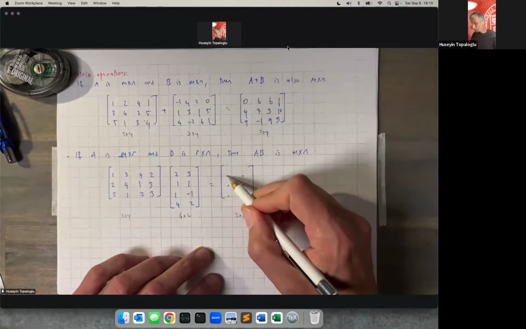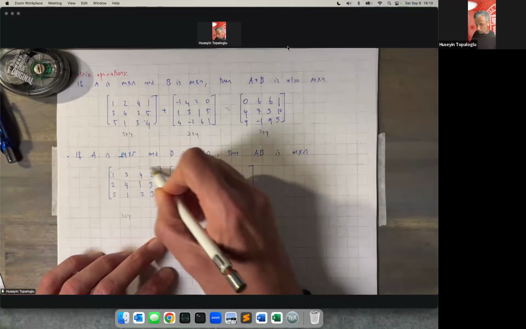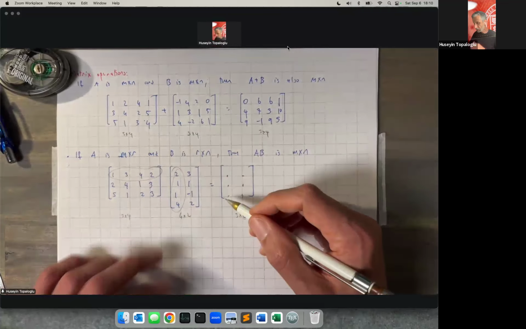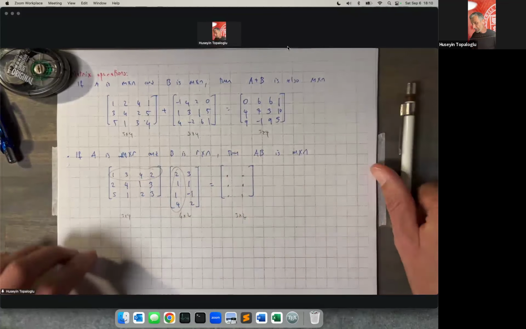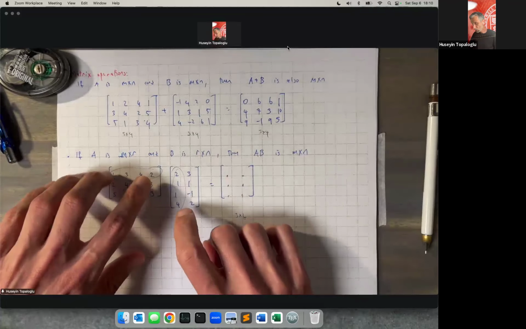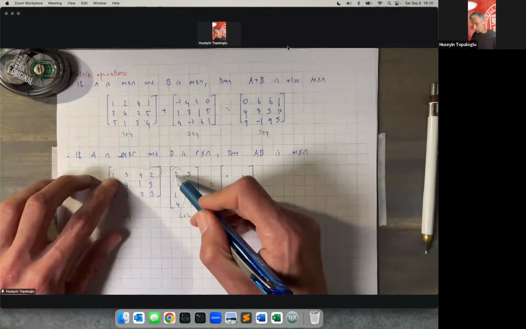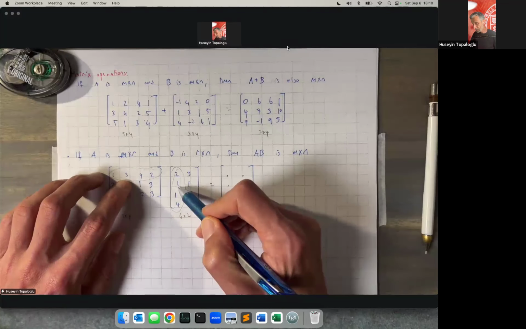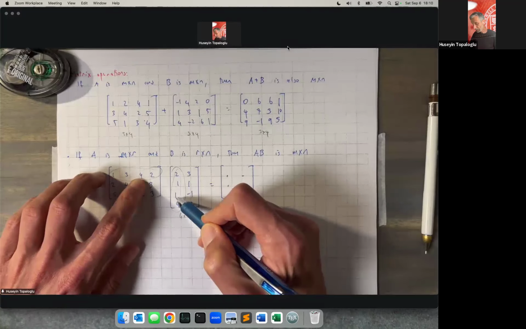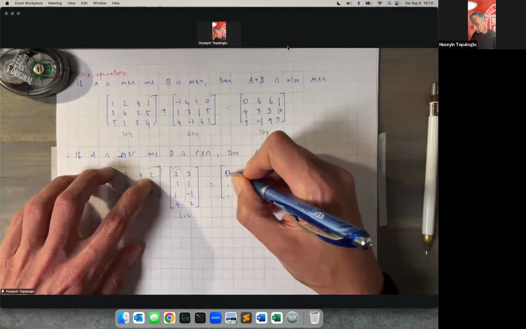So I'm looking at the product matrix in the first row, first column. I take the first row here, I take the first column here, multiply the corresponding entries and add them up. 1 times 2 plus 3 times 1 plus 4 times 1 plus 2 times 4. Let's do the arithmetic. That's a 2 plus another 3. That's a 5 plus another 4. That's a 9 plus another 8. That's a 17.